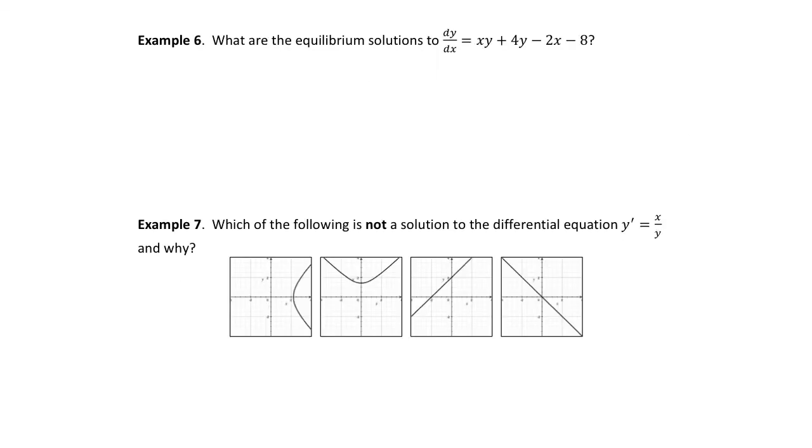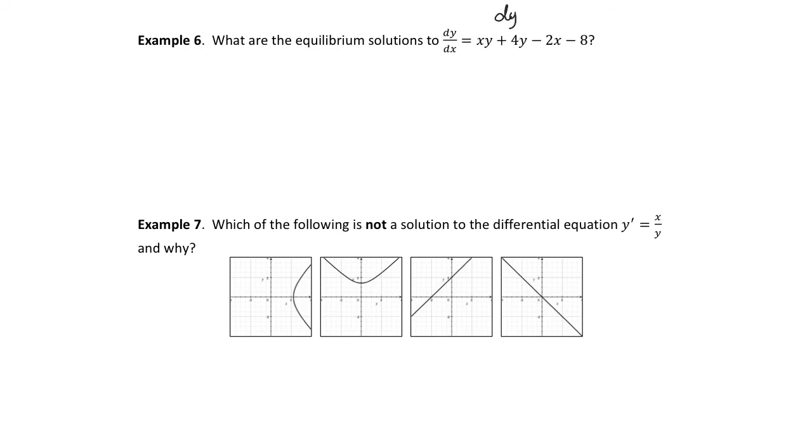So let's look for the equilibrium solutions to dy/dx equals this particular monstrosity. Okay, this one's a bit challenging and you have to use some algebra that you may have forgotten a long time ago. An equilibrium solution is a solution for which the derivative will be 0.